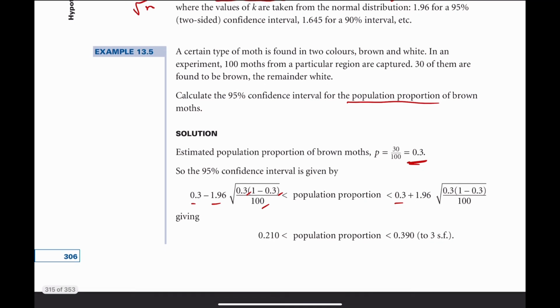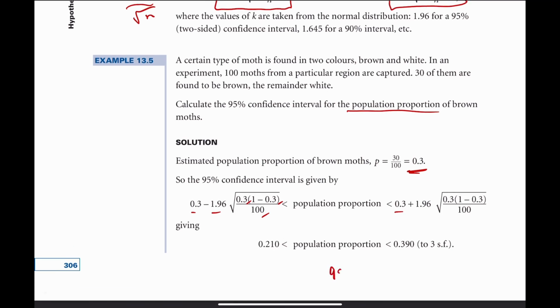So what that gives you is a 95% confidence that the probability of a brown moth is between this value and this value. What you're calculating is basically the probability of a brown moth.